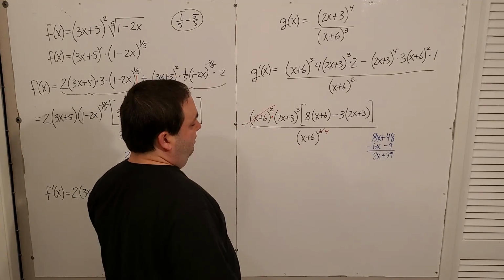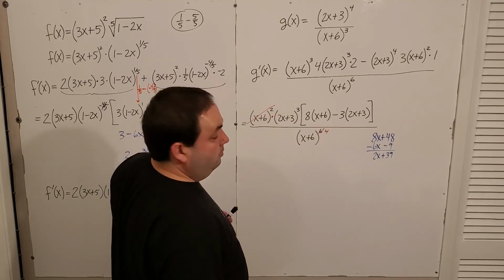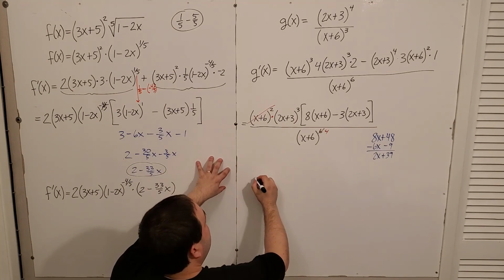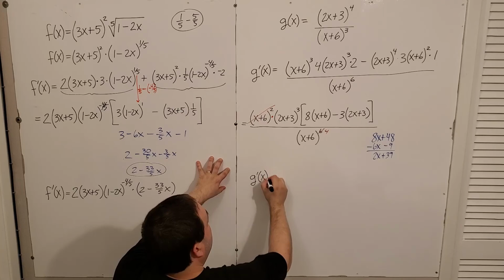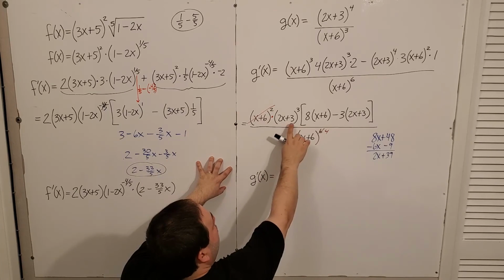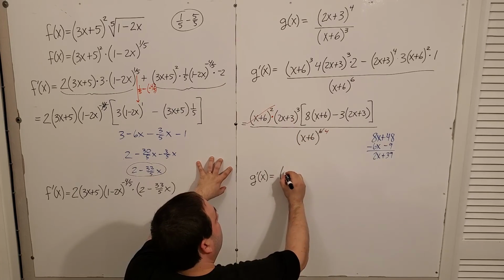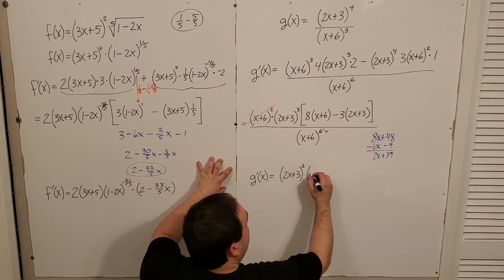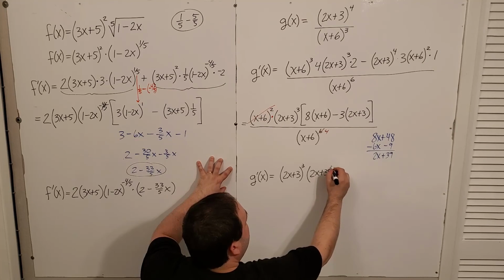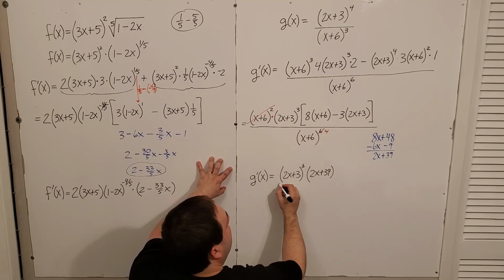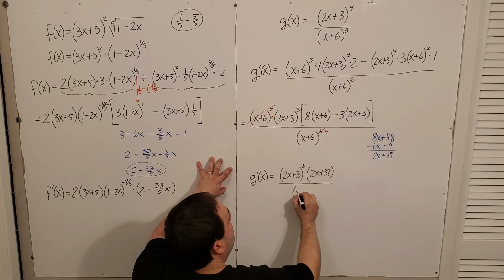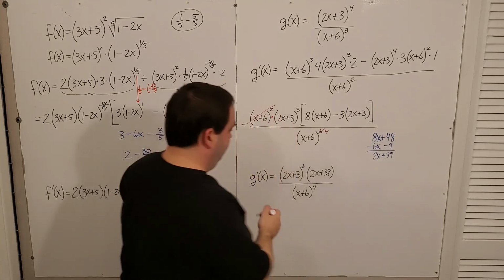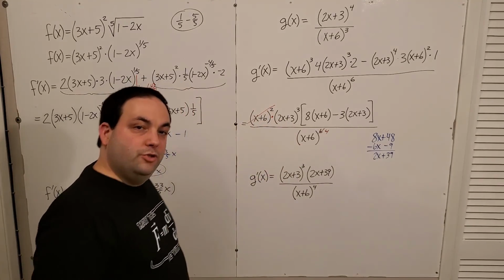So let's write down the finished product, pun intended, right? g prime of x is equal to 2x plus 3 to the third times 2x plus 39, that's this piece simplified, all over x plus 6 to the 4th. And there it is, our simplified quotient derivative.